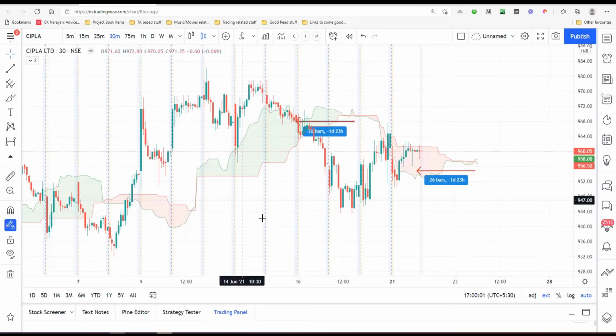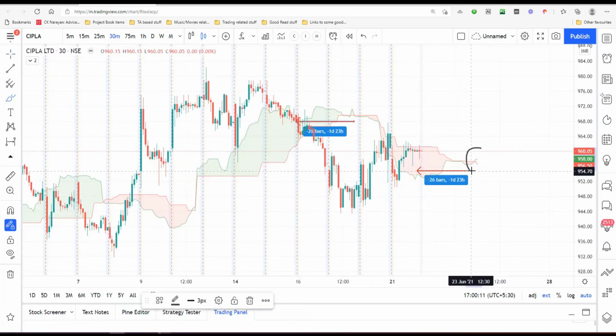Now this is the Kumo twist. Do you see this? I'm sure all of you can see this part. That is where the Kumo crossed to bullish. So if you go back from here about 26 to 25 bars on the 30-minute chart, you are getting a buy signal in Cipla as the market ended today.